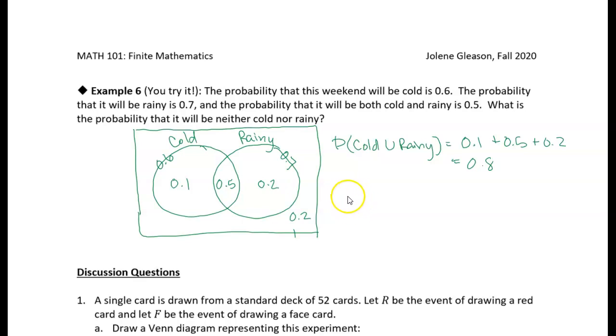I could use complementary counting, or I could just count it directly. So let's write this down. So cold or rainy, but not that, right? So I'm going to put a C around it. So I can just take 100% minus 0.8, which is the way I figured out what number to put out here in the diagram. And so I get 0.2.